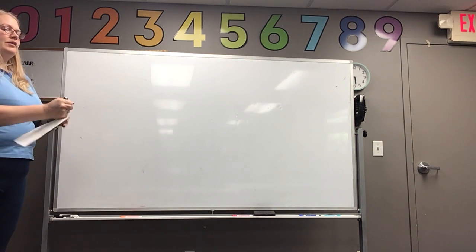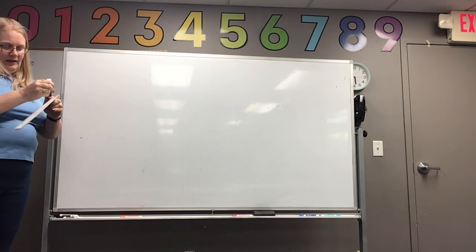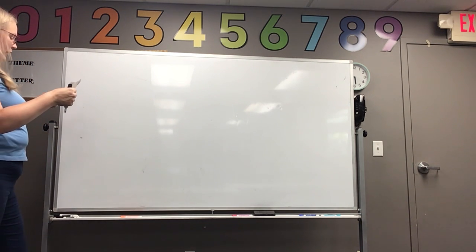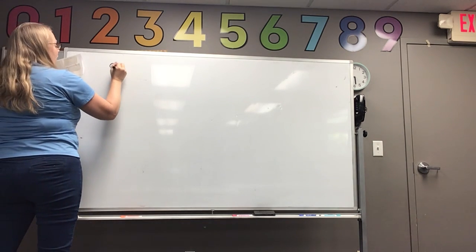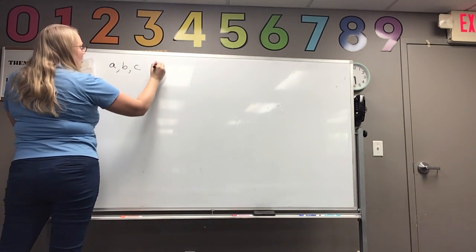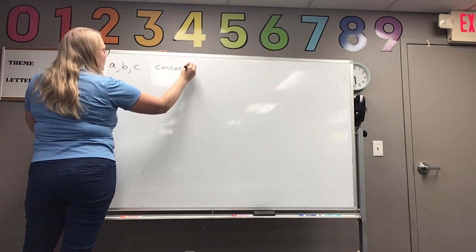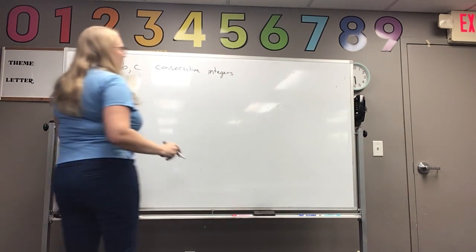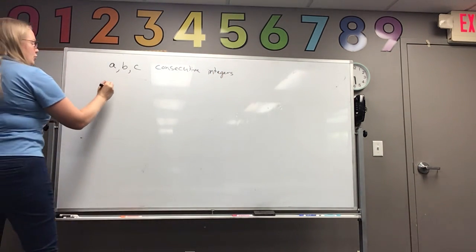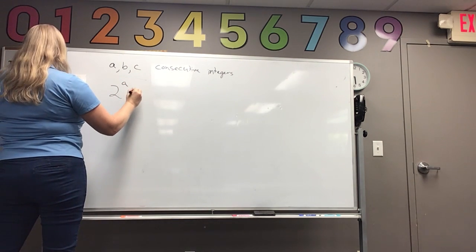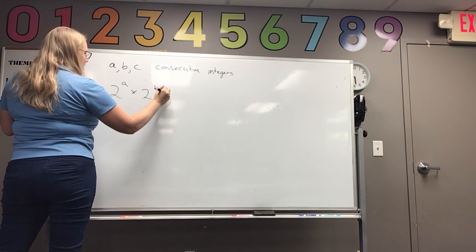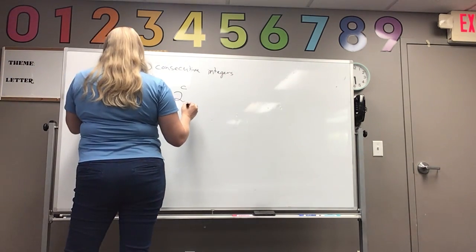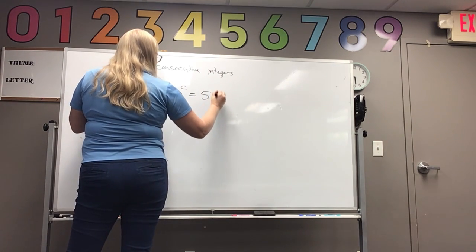This one is more of a logic solving problem. We have A, B, and C are consecutive integers. 2 to the A times 2 to the B times 2 to the C equals 512.